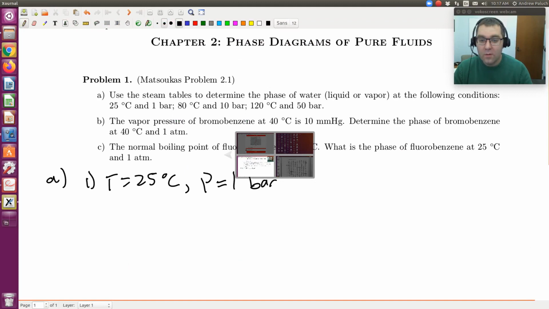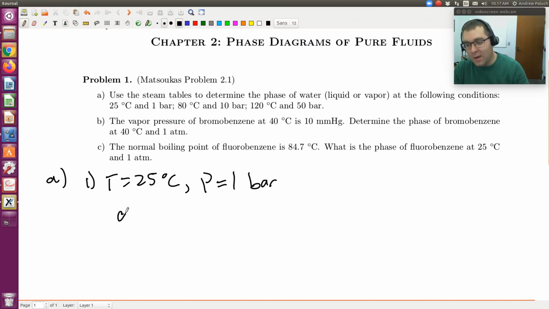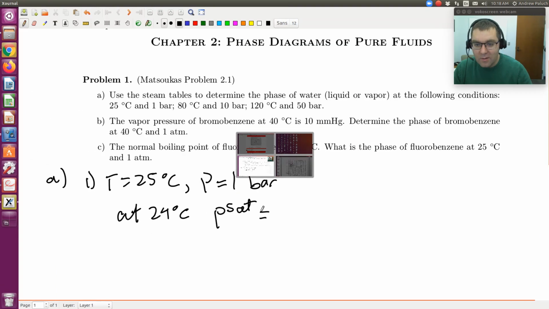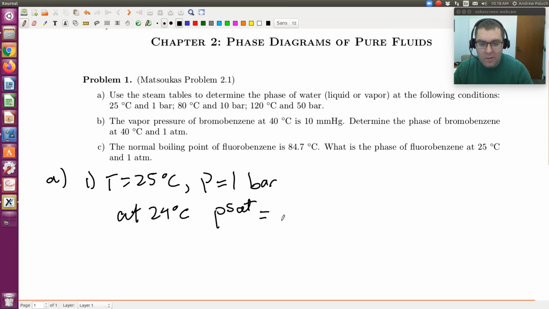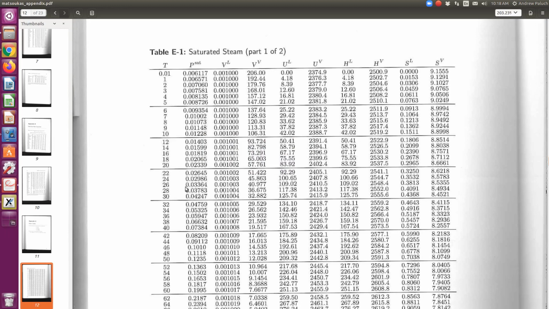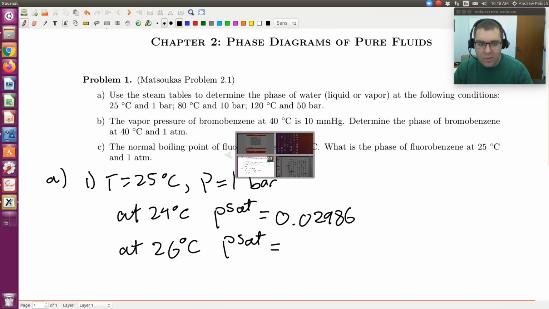At 24 degrees C, P_sat is equal to 0.02986. We'll get the units in a second. And at 26 degrees C, P_sat is equal to 0.03364.